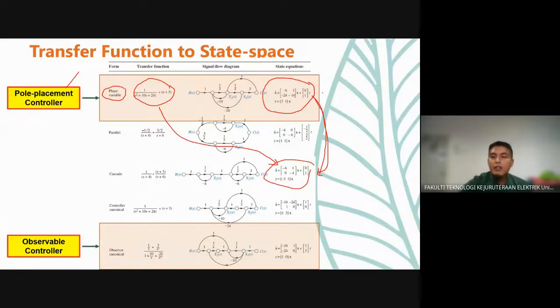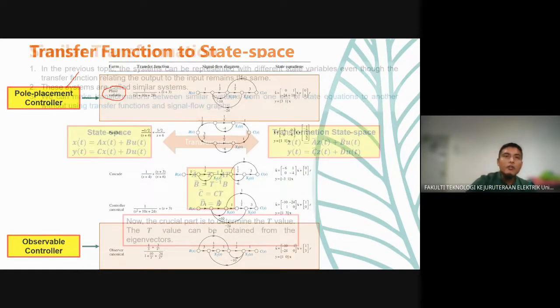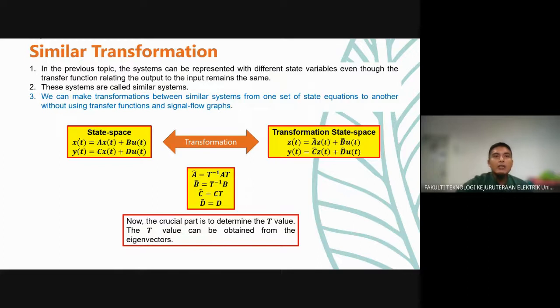Okay, however, you also can convert from the state space A to the other form, for example like this, without using any transfer function. You can convert them without using transfer function conversion. So that's why we learned about the similarity transformation.